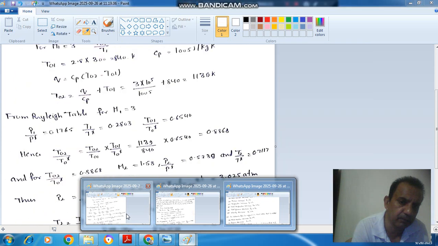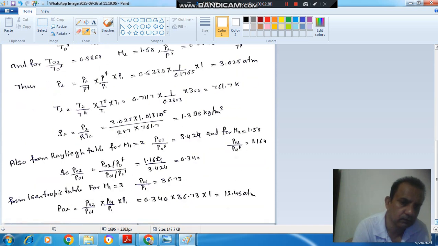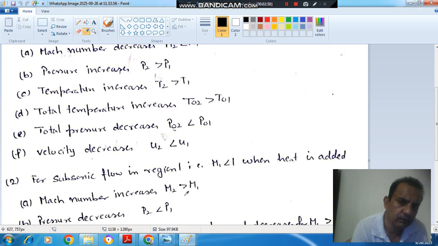Here P02 was 12.49 and the ratio of P02 and P01 was 0.34, so it means P02 is less than P01. And as Mach number decreases, U2 will also decrease. So these are the results in supersonic flow.